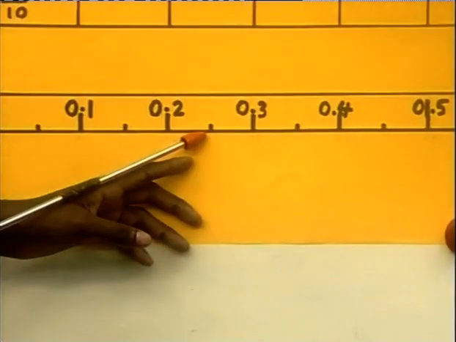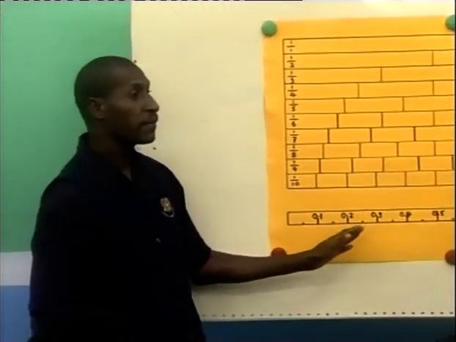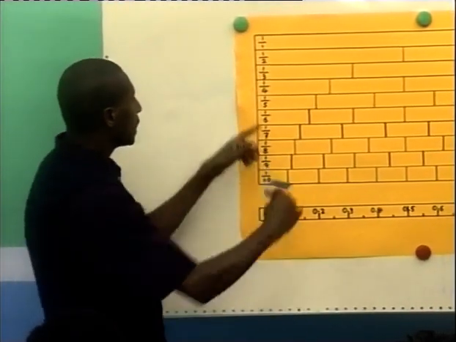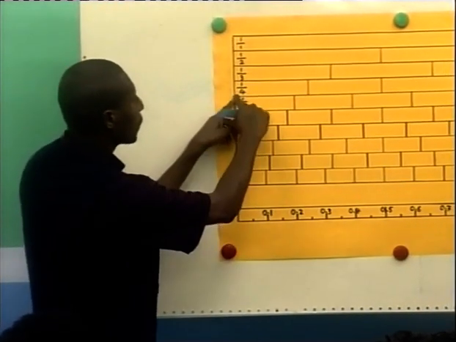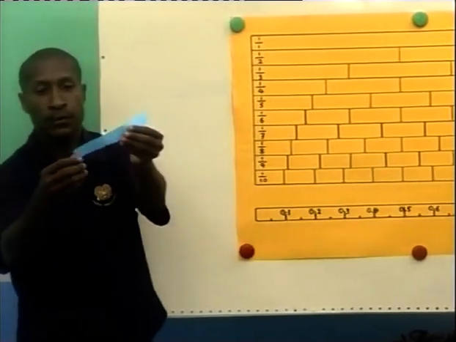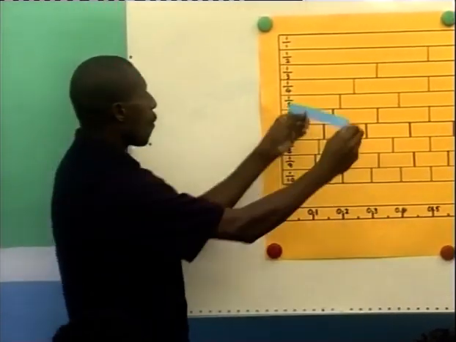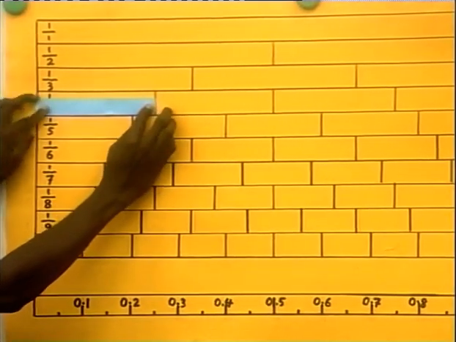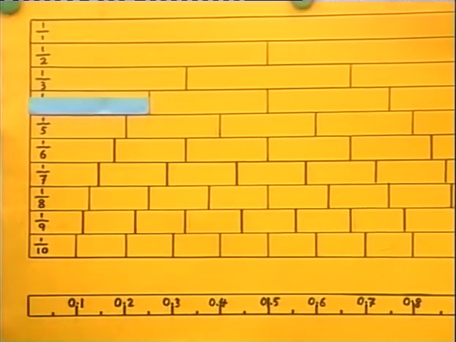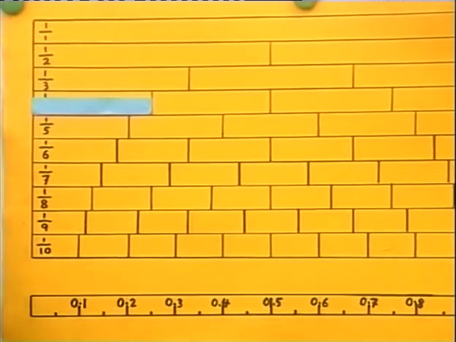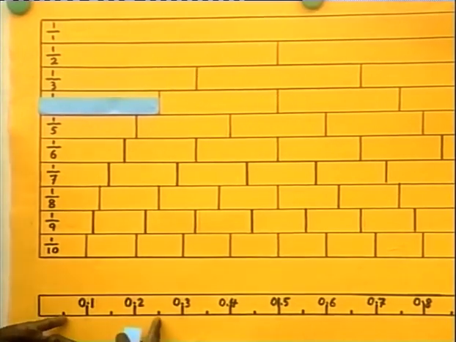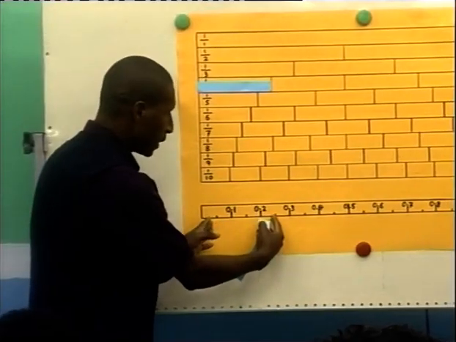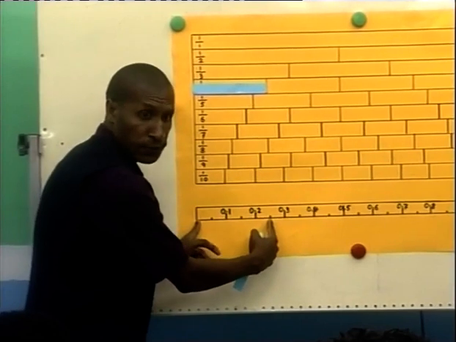Yes, this is 0.25. Now, let's see if 0.25 is the same as 1/4. This is 1/4, class. Can you see from here to here? Now I am going to put this strip of paper over 1/4. Okay, that's 1/4 there. Our friend Rachel said that this is 0.25, and she is correct. So from here to here is 0.25.